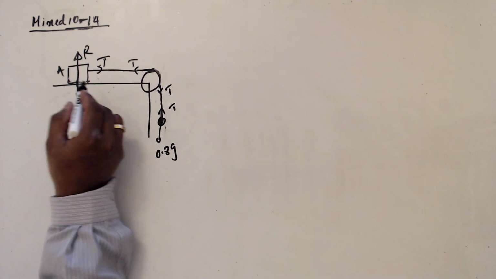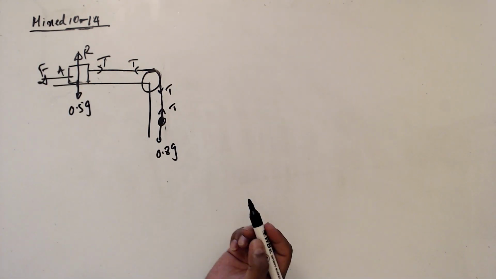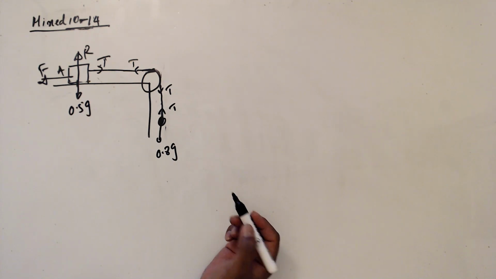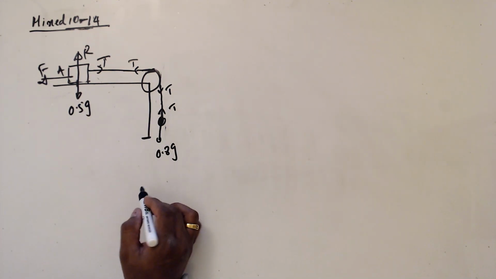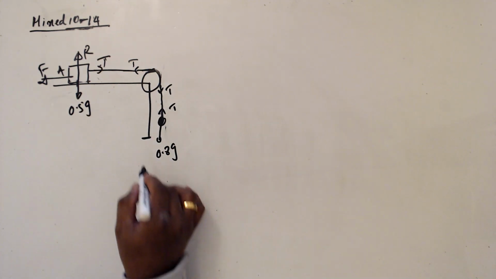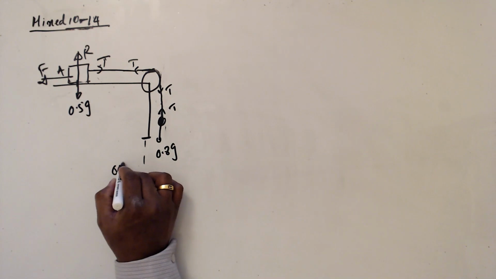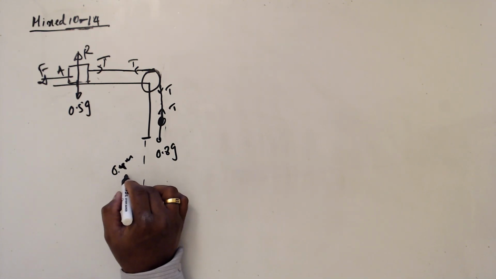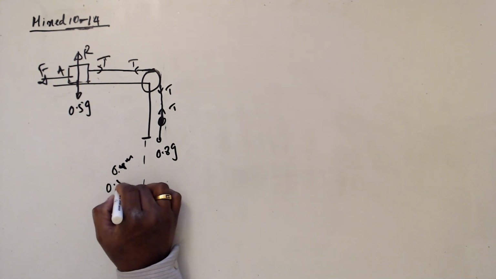And since this plane is rough, there is a friction force called F. Now in the data it is given that it will travel 0.4 meter in 0.5 seconds.